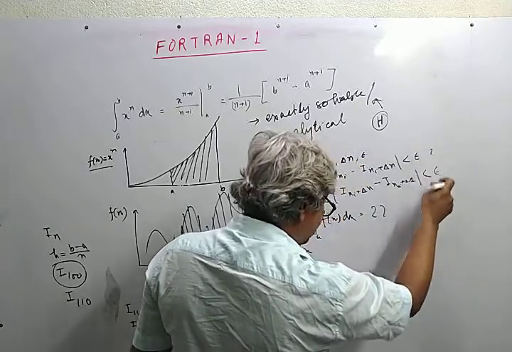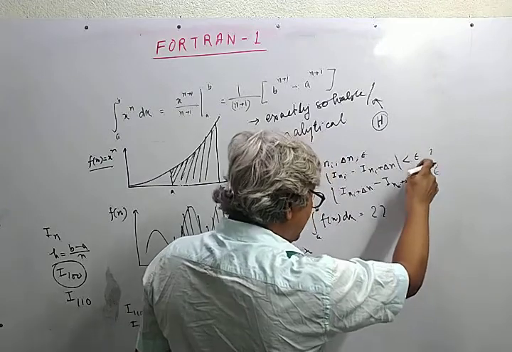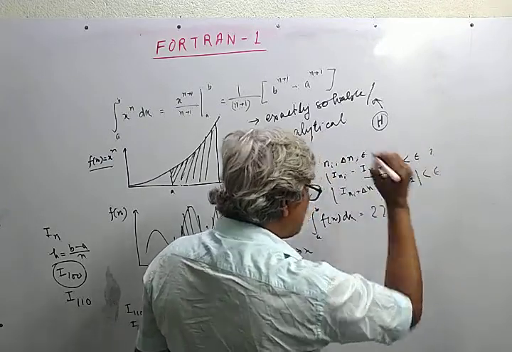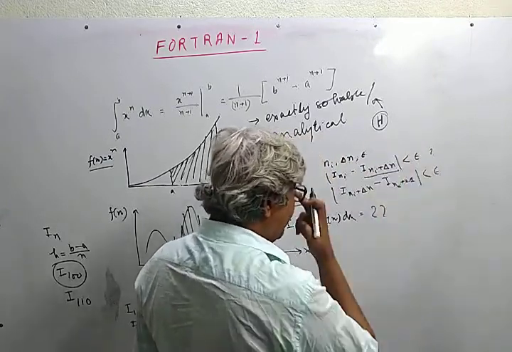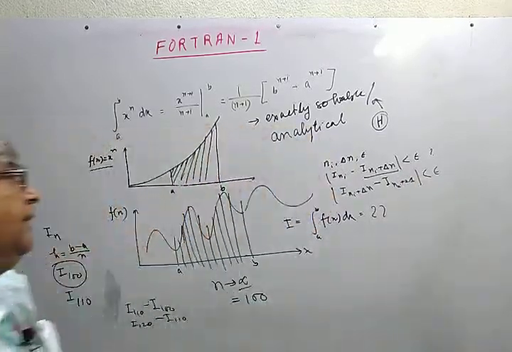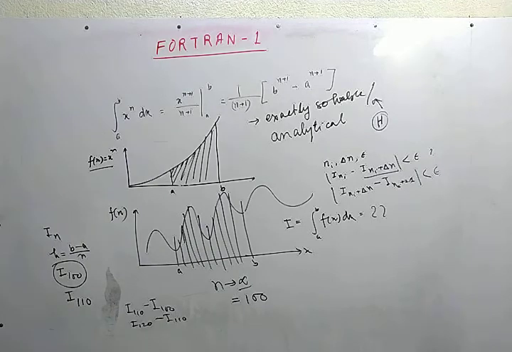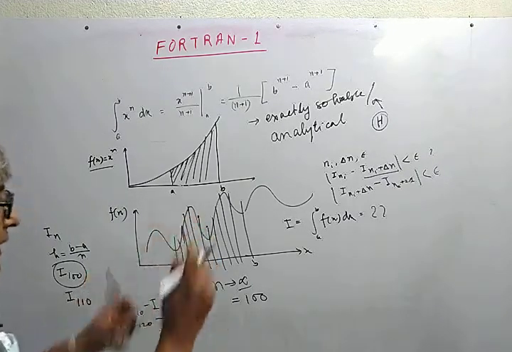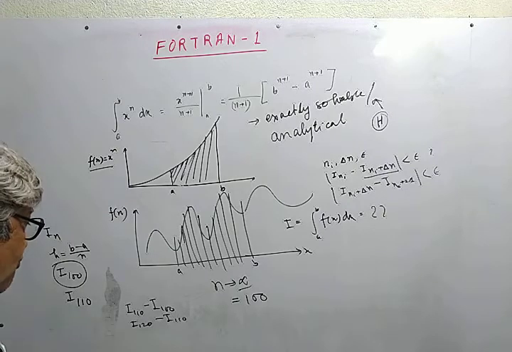If not, it comes back to this, and if yes, then it says this is the value of the integration. And this iterative process continues till the accuracy is achieved.